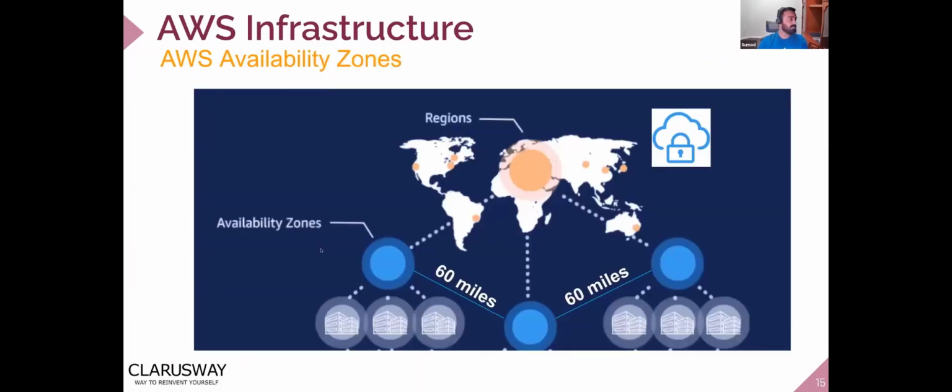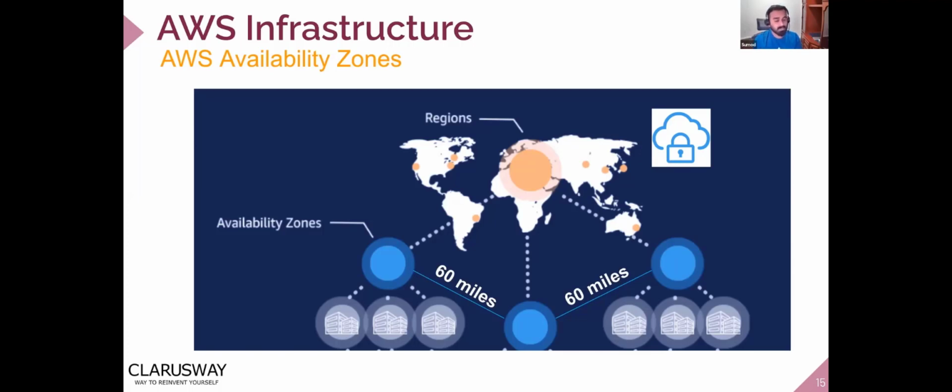And next, this is the AWS infrastructure availability zone structure, how it works. If you look at this, the center orange dot can be taken as a region. Within that region, we have availability zones. An availability zone is just a cluster of data centers. Availability zones usually have a distance of 60 miles from each other, because as I said, at the end of the day, all these servers are going to be hosted on some infrastructure.